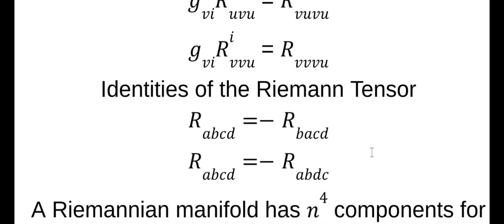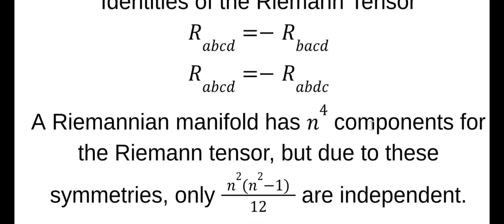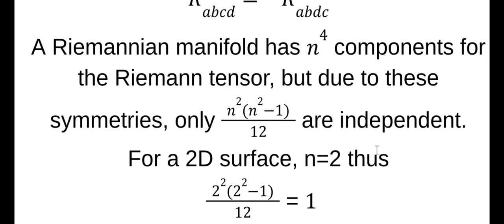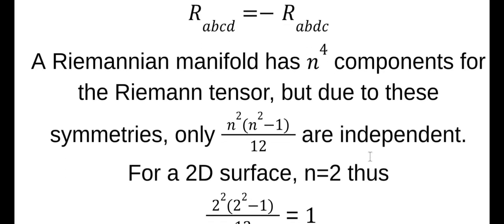So a Riemannian manifold has n to the 4th components for the Riemann tensor, but due to these symmetries, only this many are independent. For a 2D surface, n equals 2, and that becomes 1. So there's really only one of these that will represent what we need.